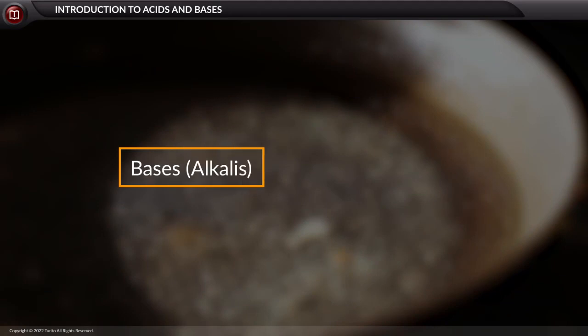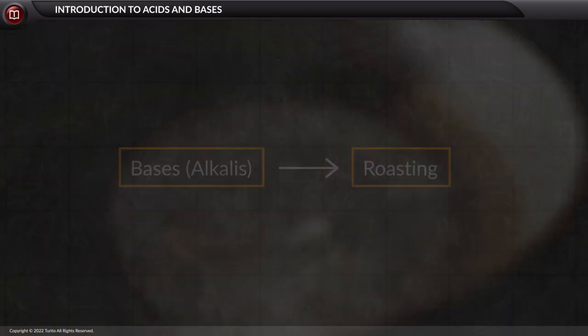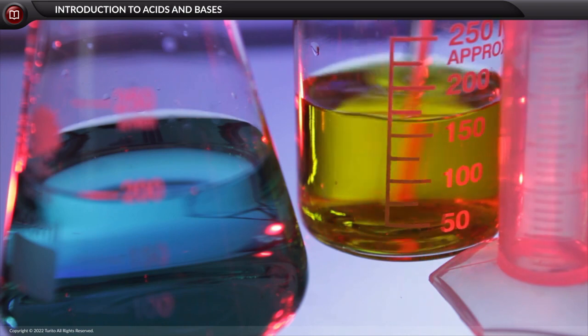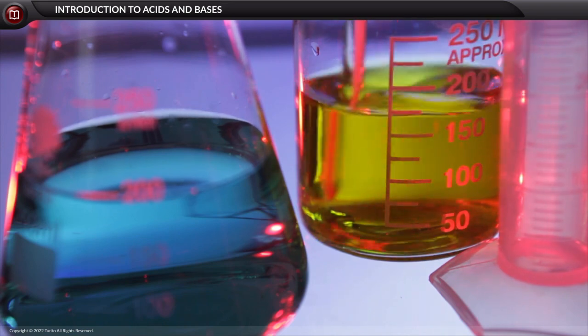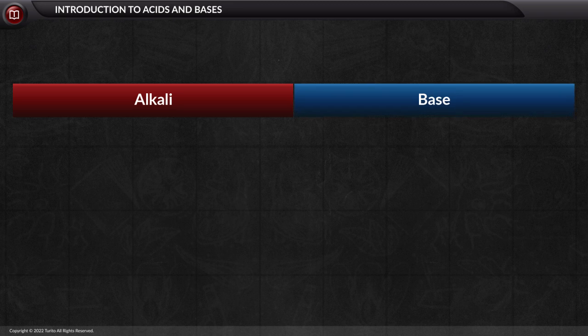Bases are also referred to as alkalis, a word derived from the Arabic word for roasting, although later it was called base, but when, that is unclear. Do you know that all alkali are bases, while the opposite is not true? There are a few differences between alkali and a base, which are as follows.